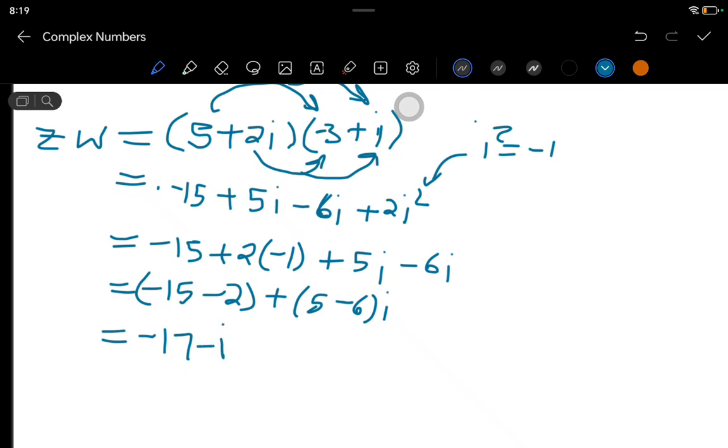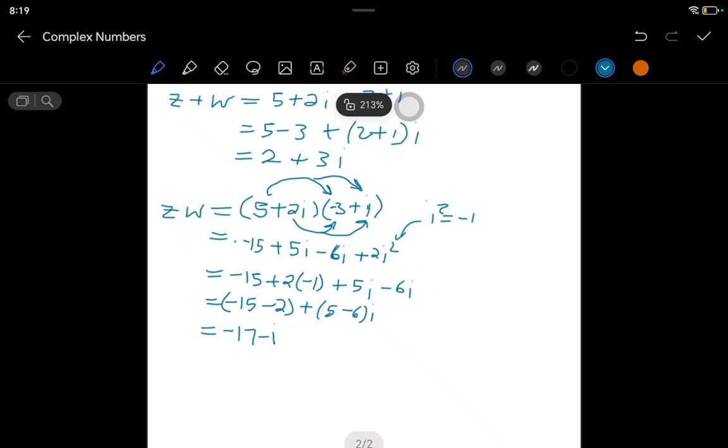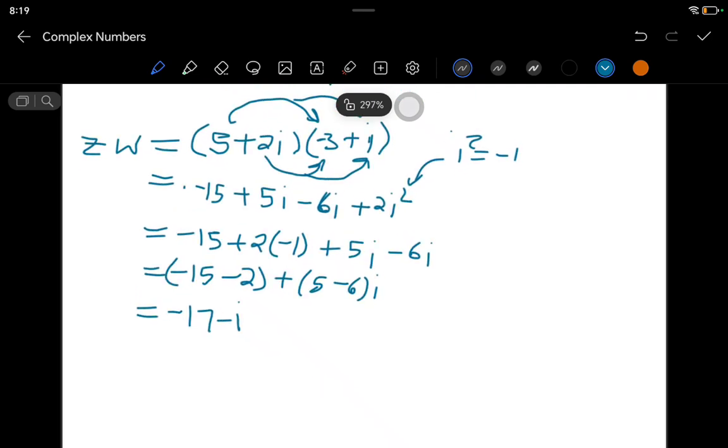Now, let's look at a division. We want to find Z over W, right? This is going to be 5 plus 2i over minus 3 plus i. You're always going to focus on the one in the denominator.